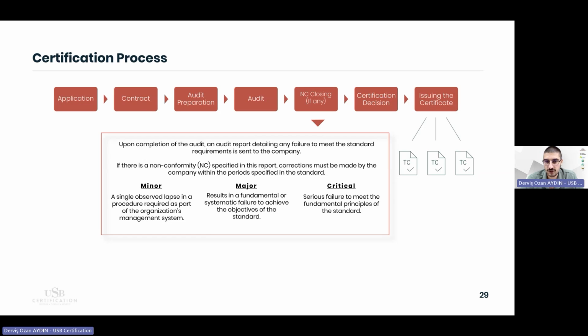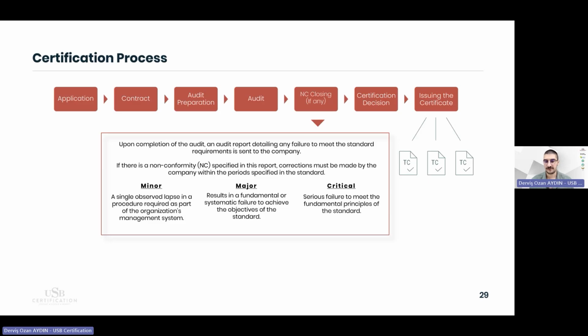This failure is called a non-conformity under the programs and standards. If there is a non-conformity specified in the report, corrections must be made by the company within the period specified in the standards. Under these standards, there are three types of non-conformities, which are minor non-conformity, major non-conformity, and critical non-conformity.